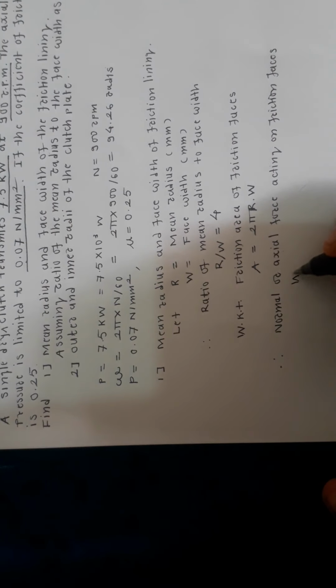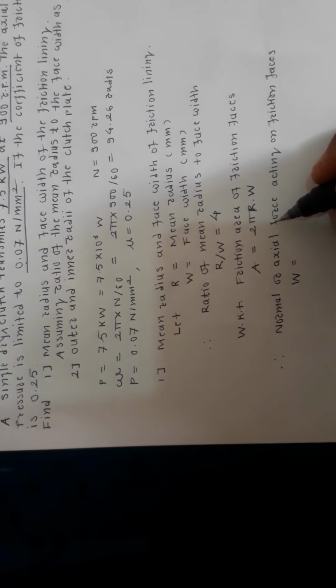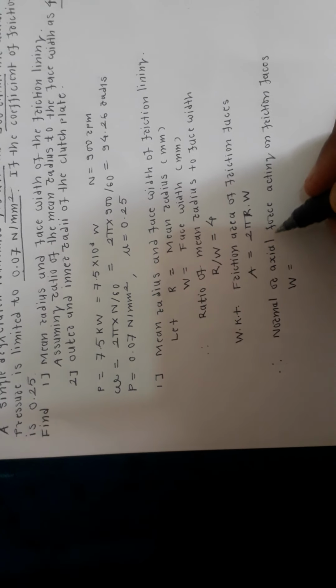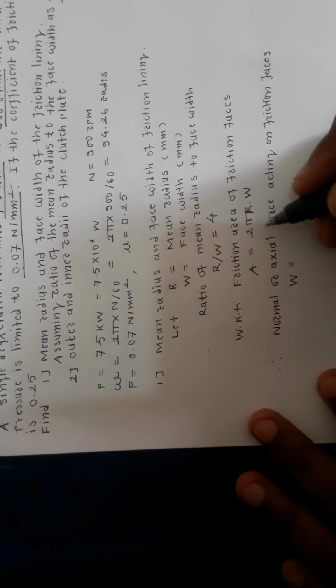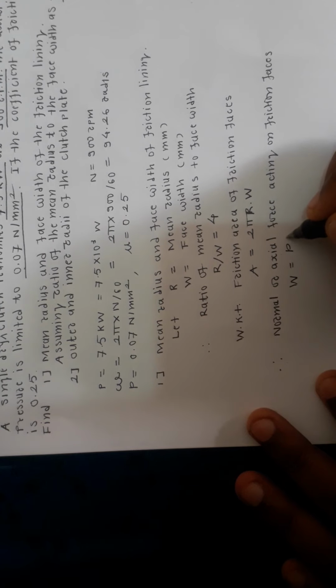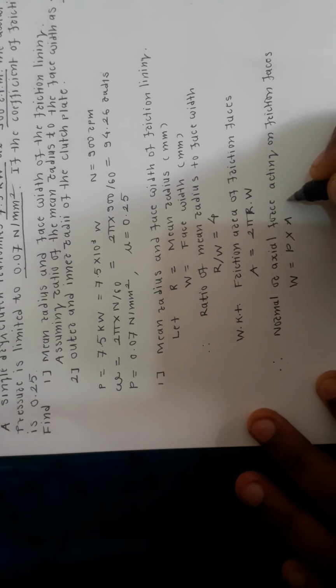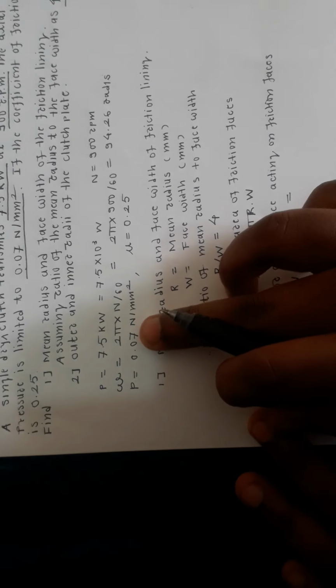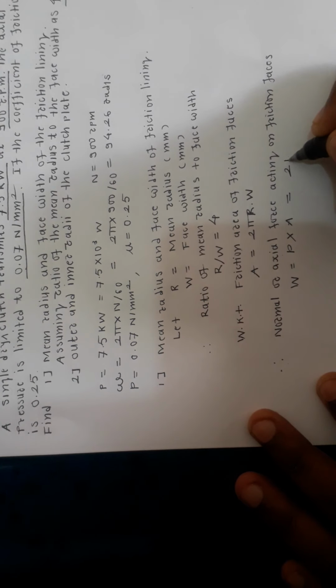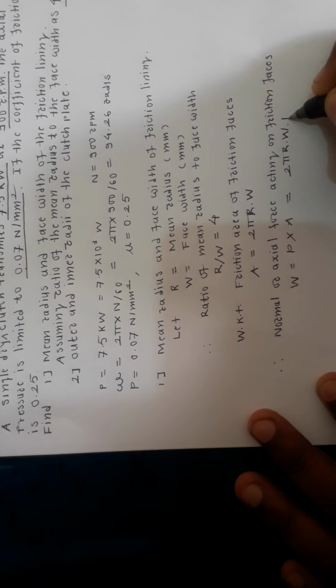So therefore, the normal or the axial force we can find out in terms of pressure intensity into area. So we have calculated this area A, we know the pressure intensity. So therefore, the area 2 pi R into W into pressure intensity.